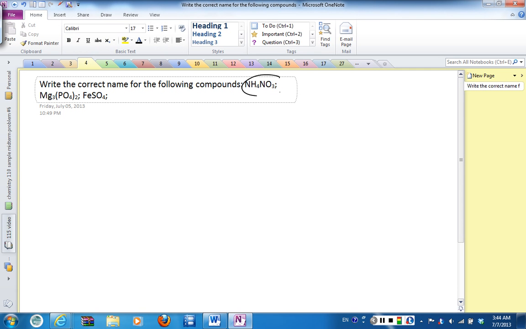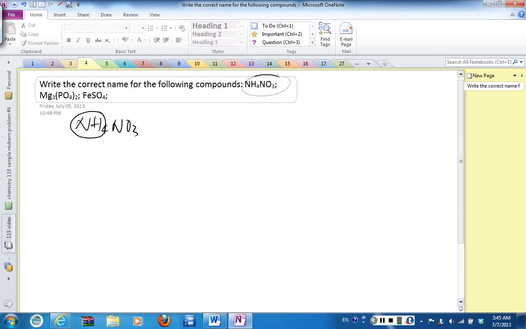Alright, NH4NO3. What do we have? First look, oh, it's all non-metal elements. This could easily lead us to the conclusion that this is a molecular compound. Well, after thinking about it, we know it's not.